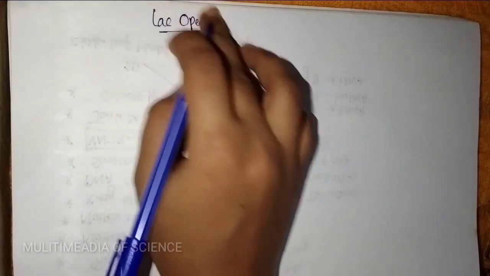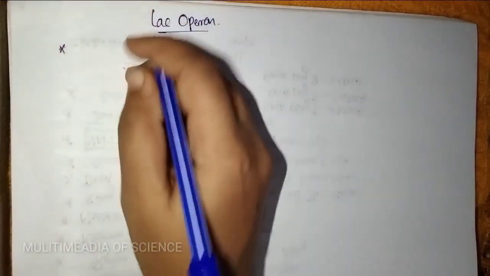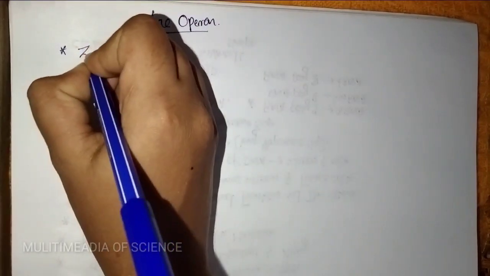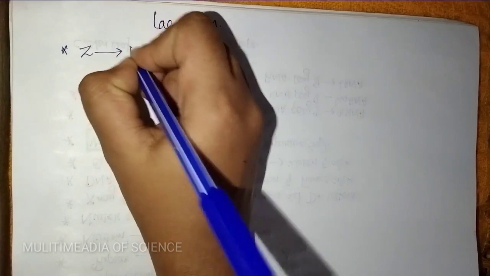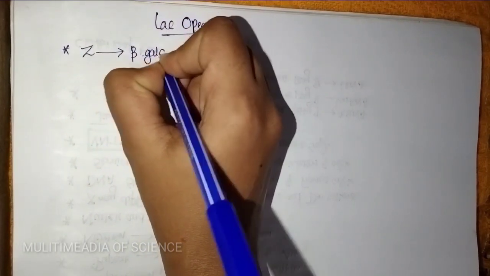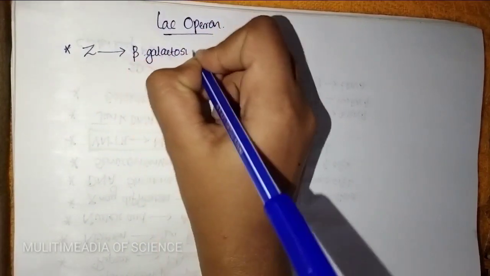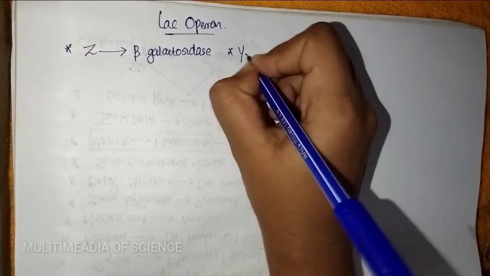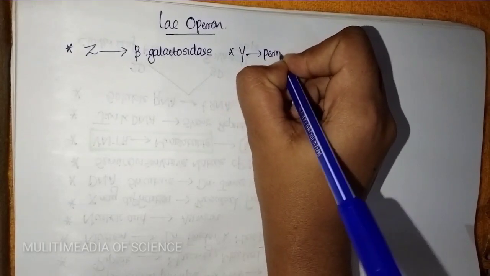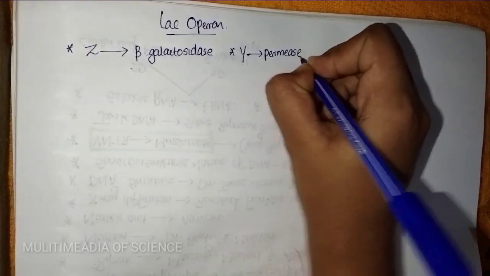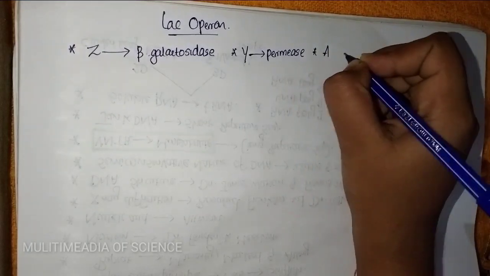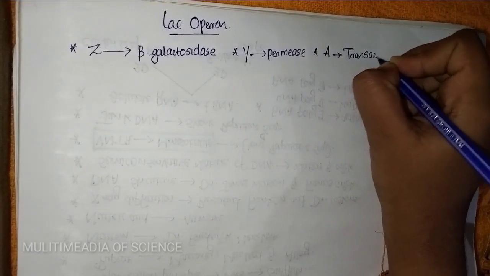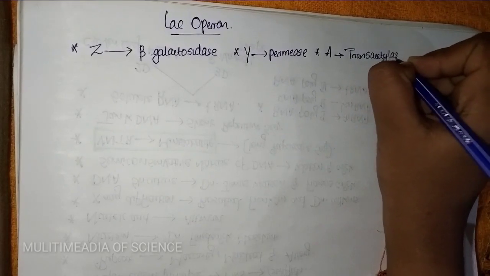When we look at the lac operon, we come across three enzymes. Z, Y, A. Z produces beta galactosidase. Then Y for permease. And the last one, A, is for transacetylase. Clear?